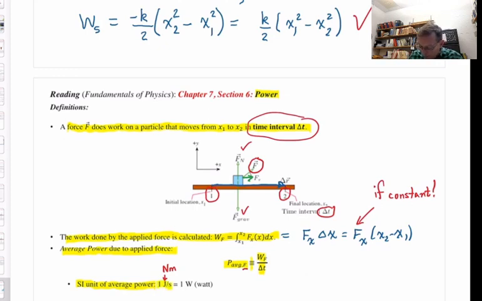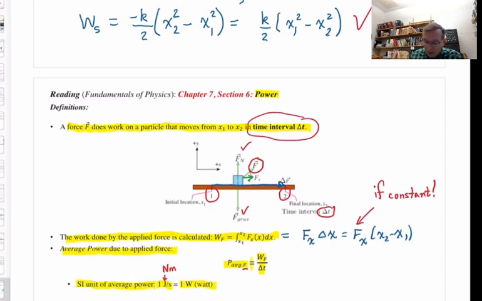And the unit joule per second is given its own name. It's called the watt. And you've probably heard that name. Think of light bulbs. Okay? The watt is the SI unit of average power. And it's basically how much work in joules is done per second.